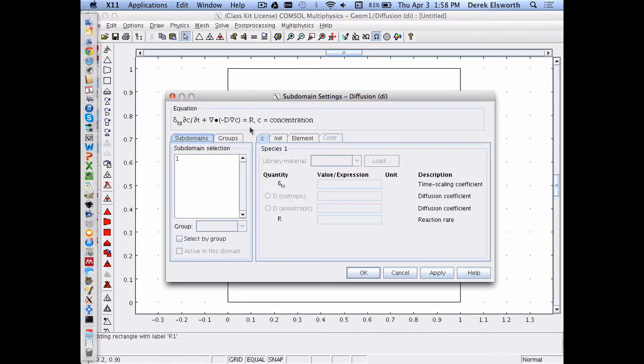We're going to use the diffusion equation, which is delta Cs dc dt, plus del dot minus D del c. This is this term, this is going to be this, and equals R, which is going to be this.